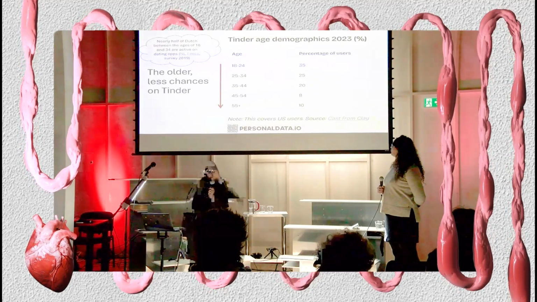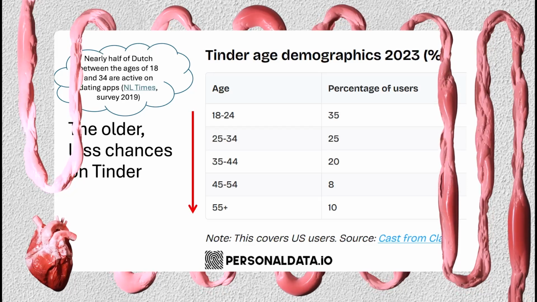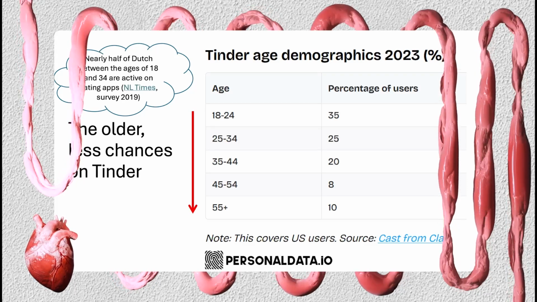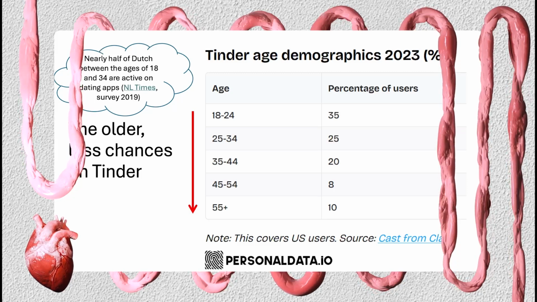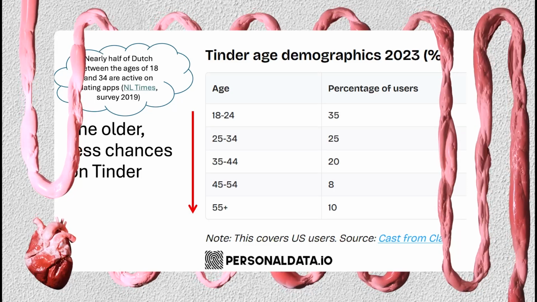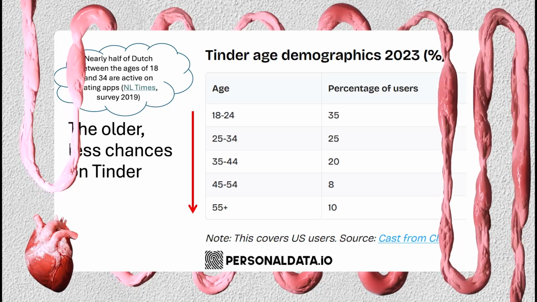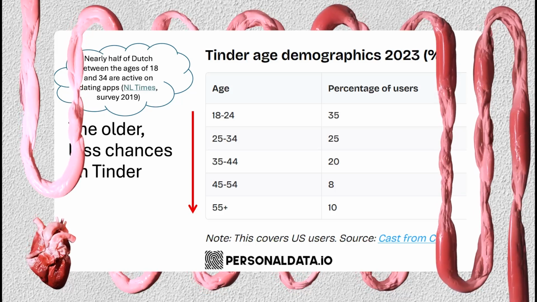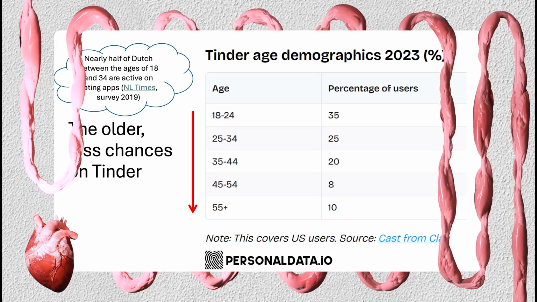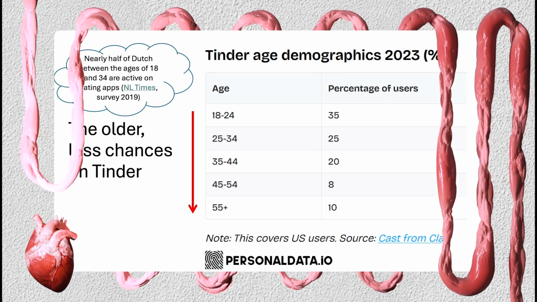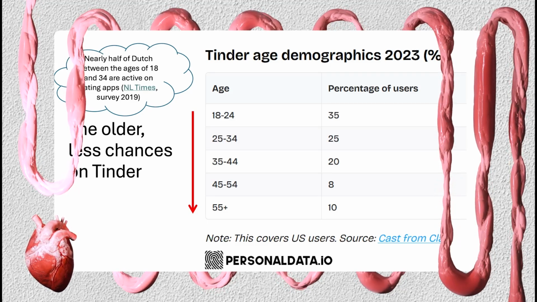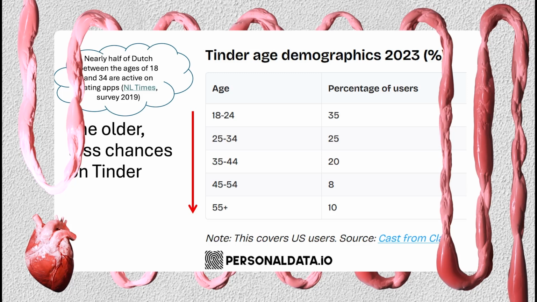Some statistics in the United States show it's mainly people between 18 and 35 that are using Tinder. It means the older you get, the fewer chances you have on Tinder. It also explains some frustration of people who cannot find a match if they're older than 45, for example.